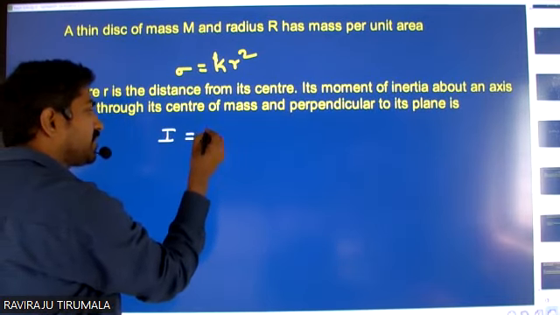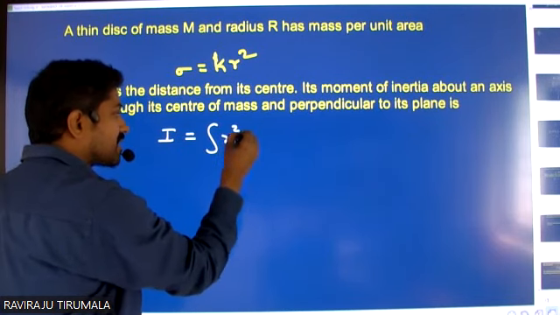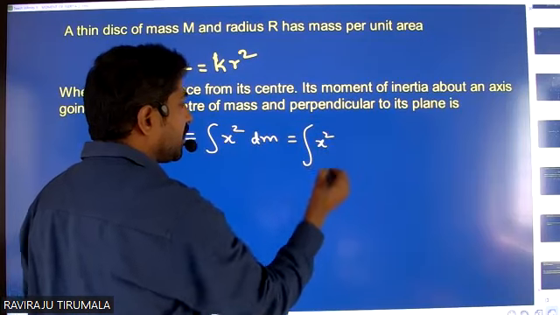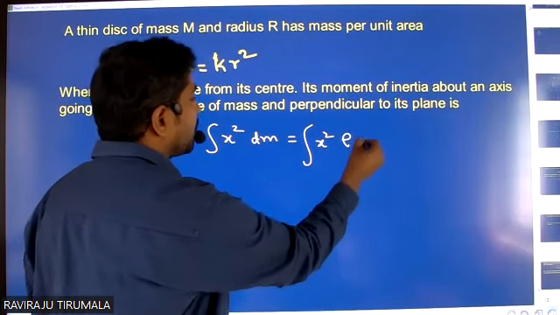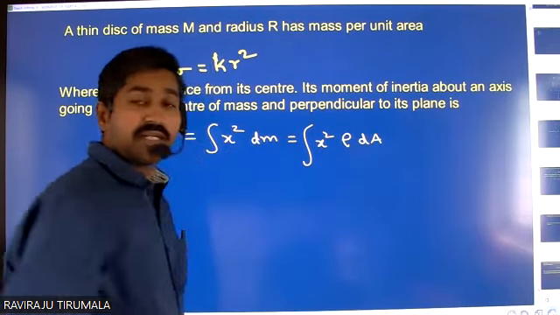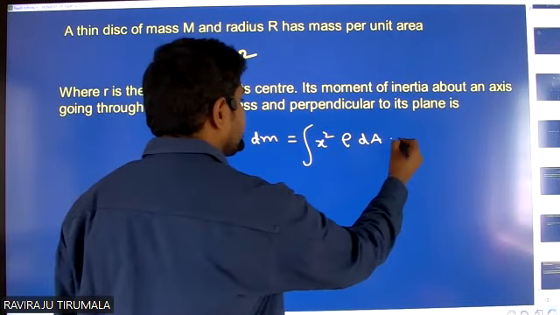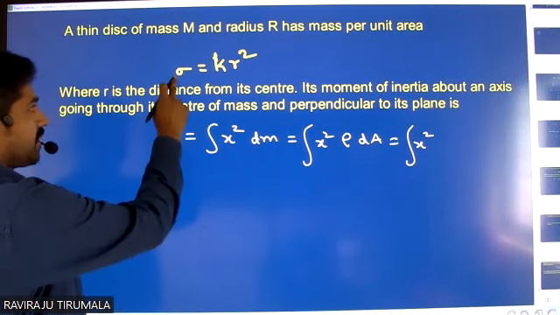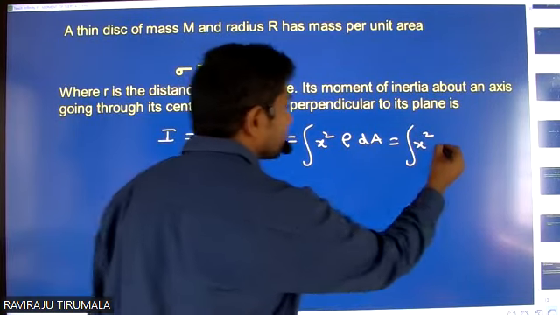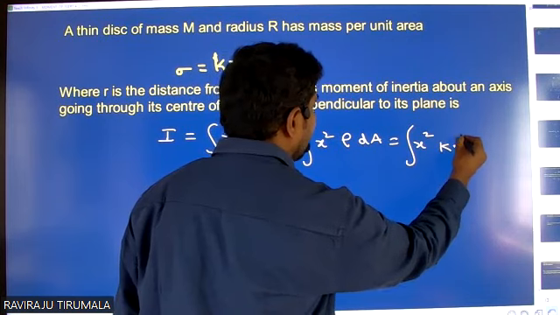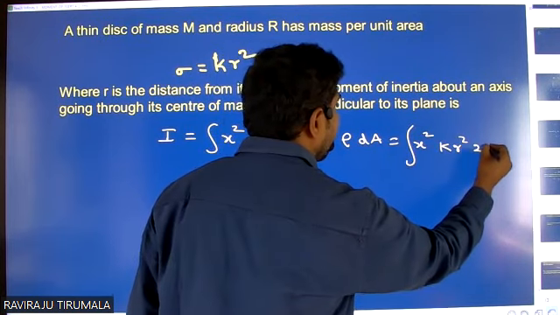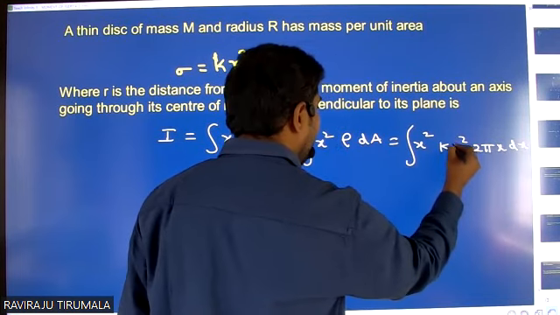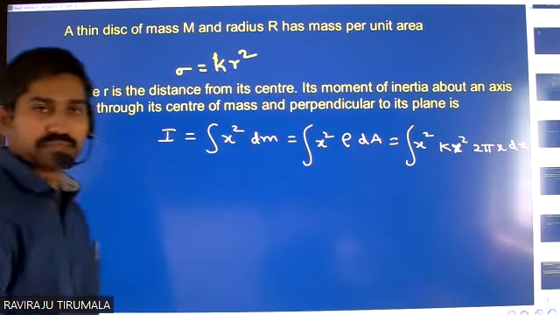What is the formula for moment of inertia? Integral x² dm. That is integral x² into dm, which is nothing but rho into dA only. It is the disk only, so the area element you have to take. And this is nothing but integral x², and the density here was taken as kr². In place of sigma they have taken kr², and the area element is 2 pi x dx. r also can be taken as x only here.